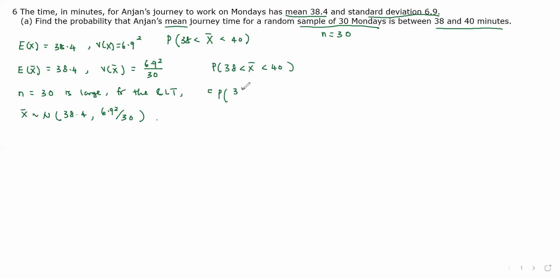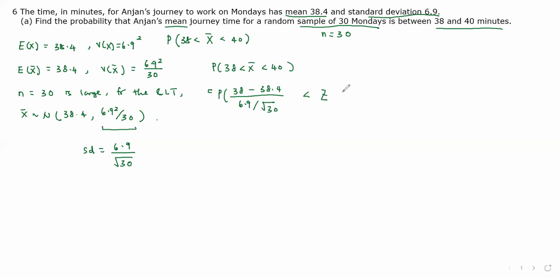We take 38 minus the mean, 38.4, and divide by the standard deviation, which is 6.9 over the square root of 30.